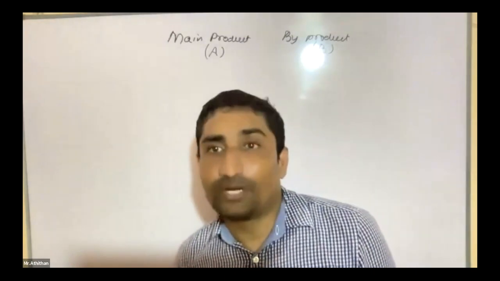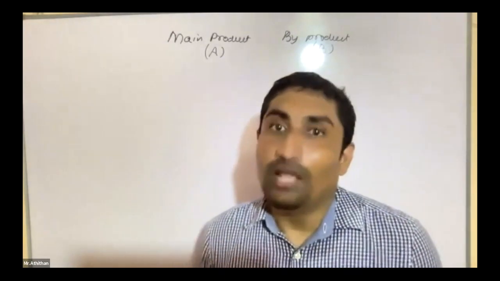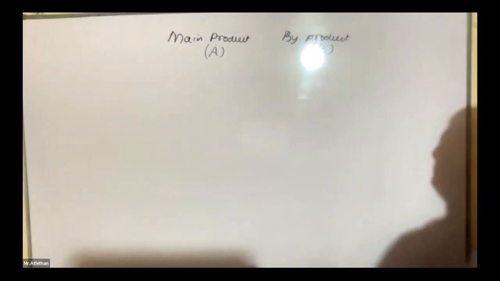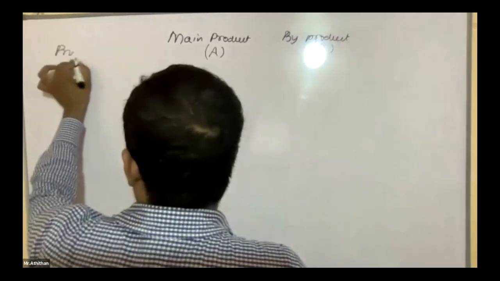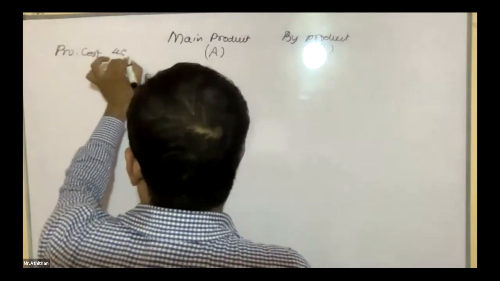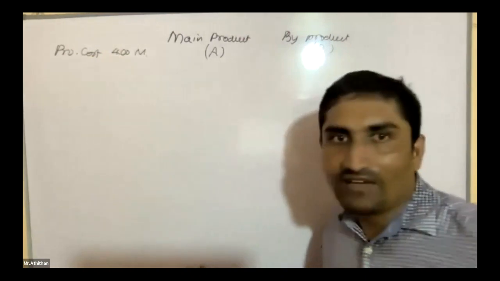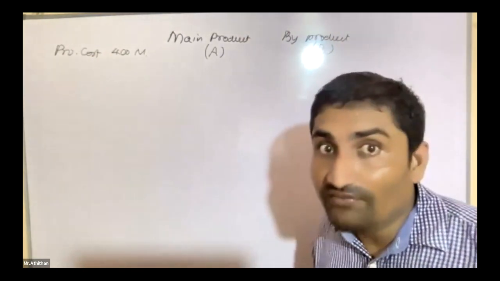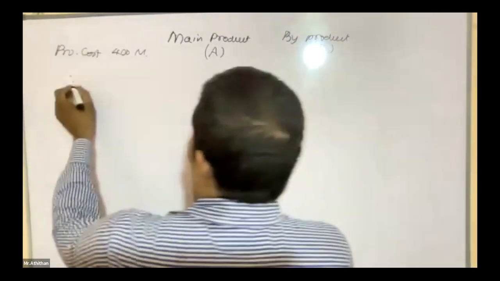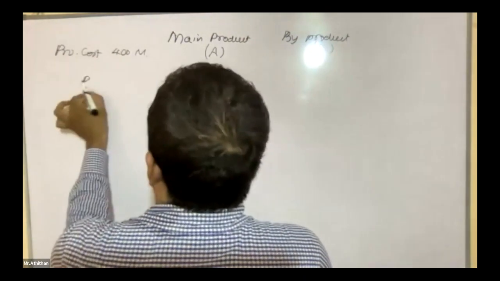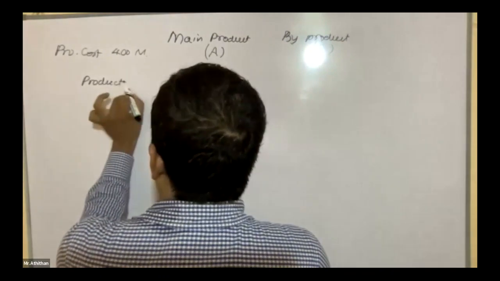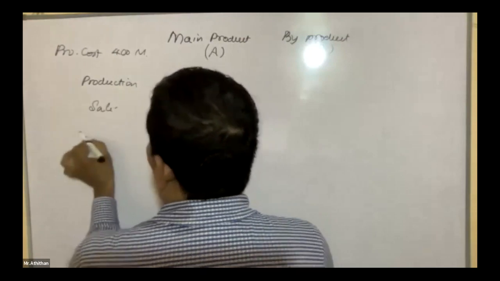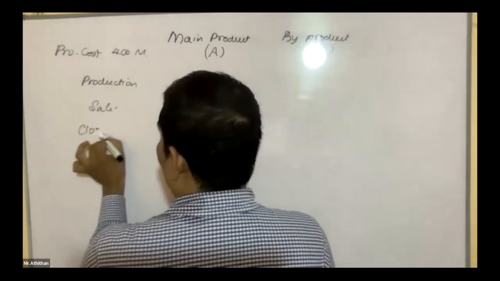For product A and product B, the cost of production is 400 million. Production cost 400 million. You don't know how much is for A and how much for B. Sale of A was 75,000. Production, sale, closing inventory.